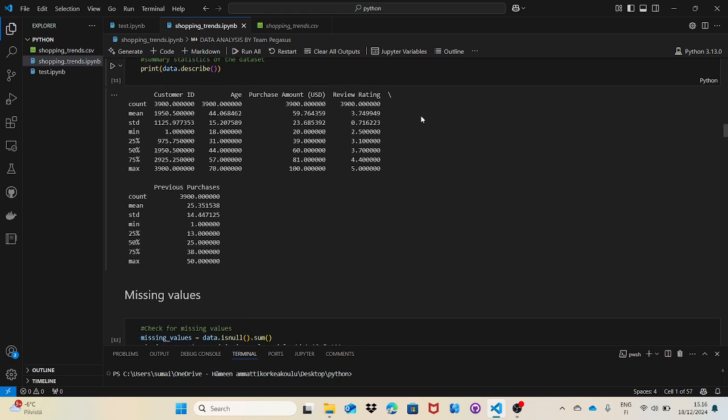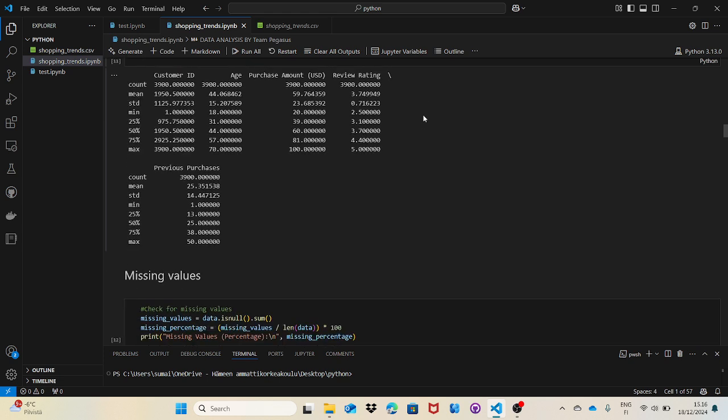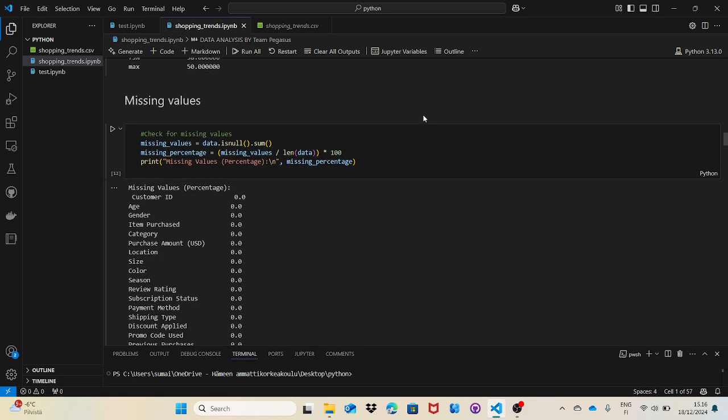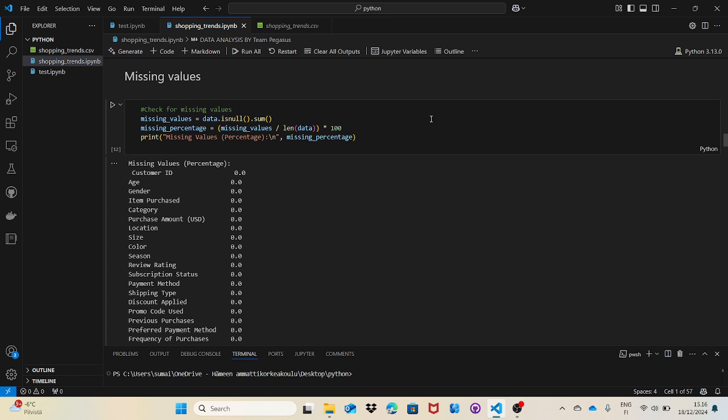Hello, I'm Maruf. Data cleaning was my process. After loading the data, our next step was to clean it and make it ready for analysis. I addressed several issues during this phase. One of the main tasks was handling missing values.